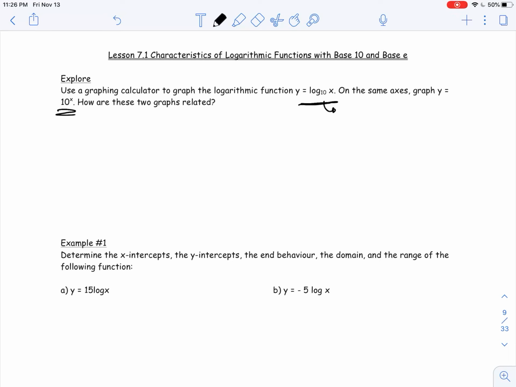What you need to know about logarithms is that the base is always 10. Just like when we have square roots, the index is 2, but we don't write that because it's so commonly used. The same thing with a base of 10. This is equivalent to log base 10 of x. These are the same. If the little number is 10, we don't have to write it. When I graph it, you'll see that I don't actually include it in my writing.